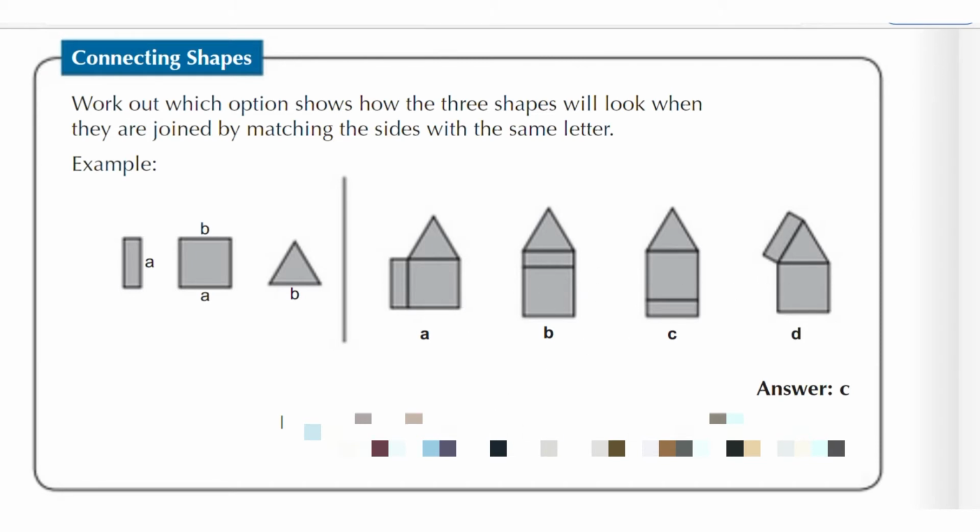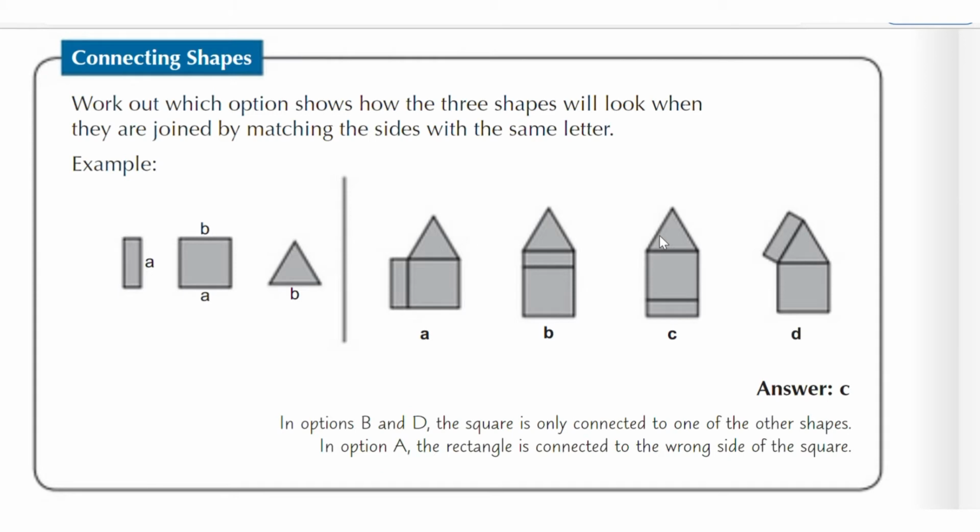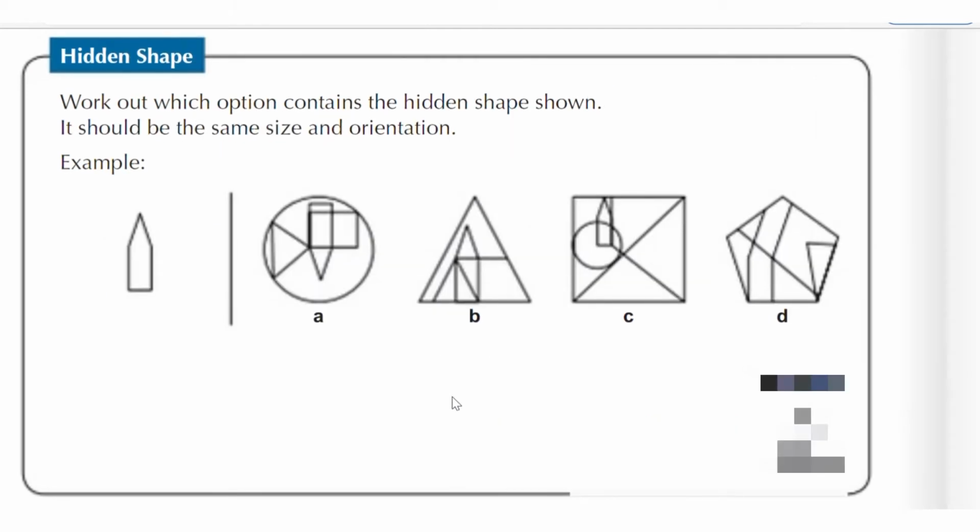So in options B and D, the square is only connected to one of the other sides. But in option A, the rectangle is connected to the wrong side of the square. So we're left with C, because when you look at it, this is the A bit and this is the triangle bit. Sometimes you might just have to look at the question and the options you're given, and try to work out where is A here, where is B there, and which one is the answer.